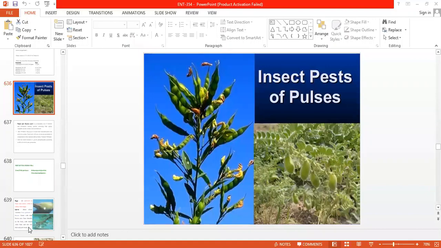These are the pulses. Cowpea, gram, mung bean, urud bean, red gram. These are the major pests of pulses. Okay.